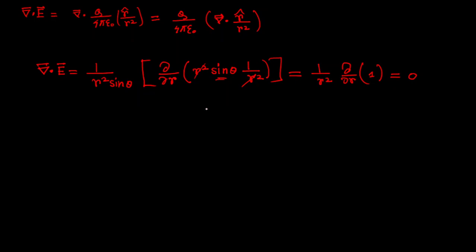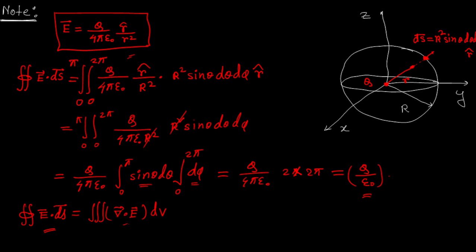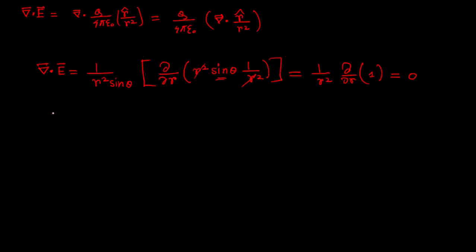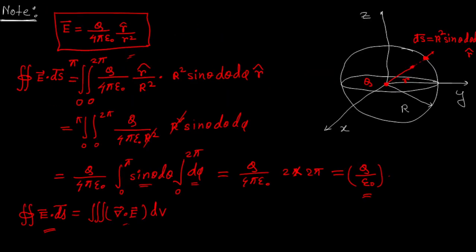If this divergence is 0, then what will be the value of this volume integral? This volume integral will give us 0. But according to the divergence theorem, since we got the value of the surface integral as q by epsilon naught, if we calculate the volume integral we are supposed to get the same result, q by epsilon naught.